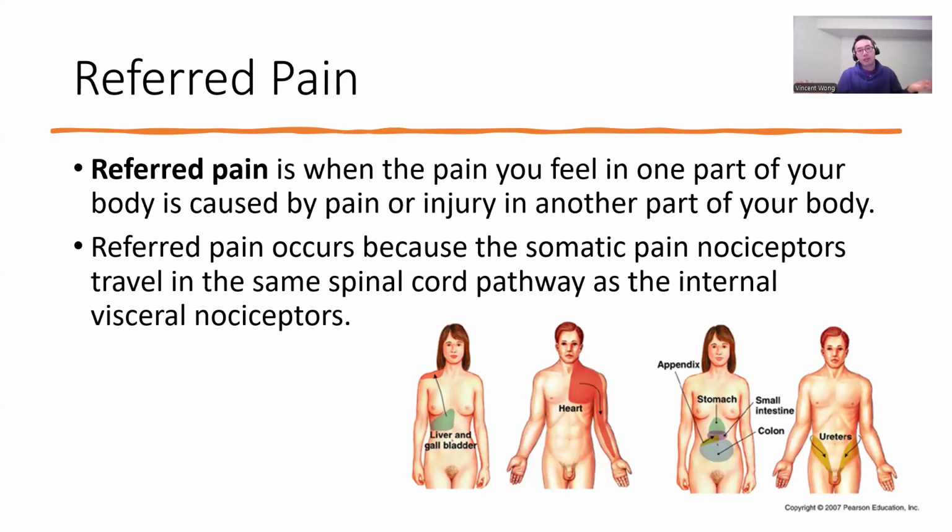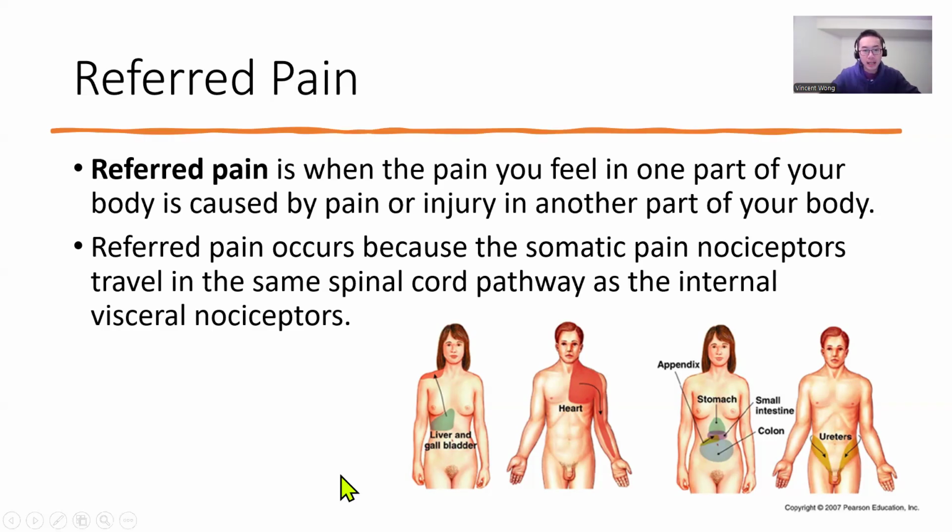You might have heard about this. When someone has a heart attack, the pain is not necessarily coming from the heart initially. There is a delocalized type of pain that is originating from the left shoulder area. So that's called referred pain. You feel the pain from the shoulder, but the source of the pain is actually the heart.